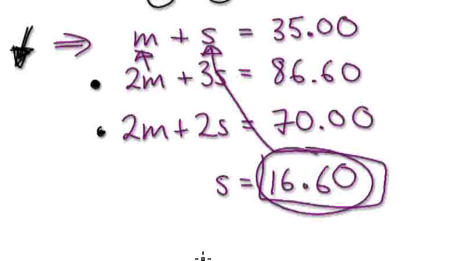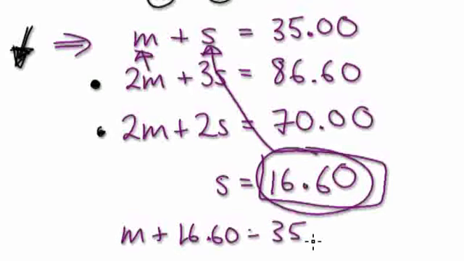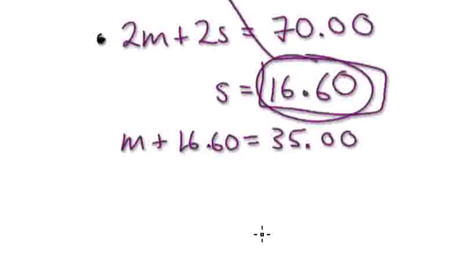So now just do this: M plus 16.60 equals 35.00. Now take away 16.6 from both sides.